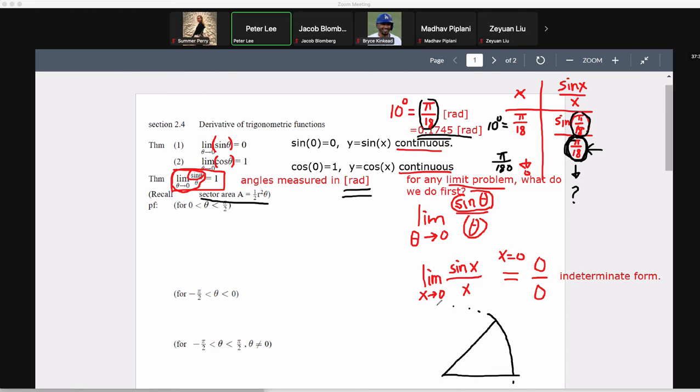Then this angle right here, let's call this theta. And if we call this R, do you know the formula? A is the area of this sector. So let me write sector here.